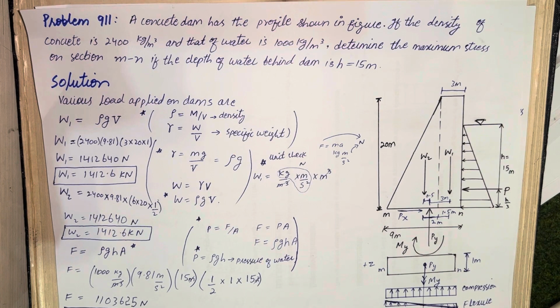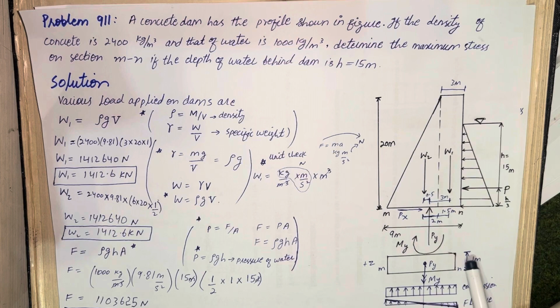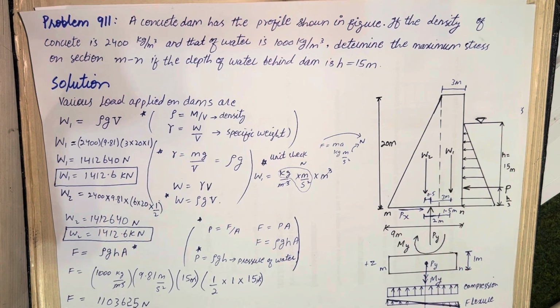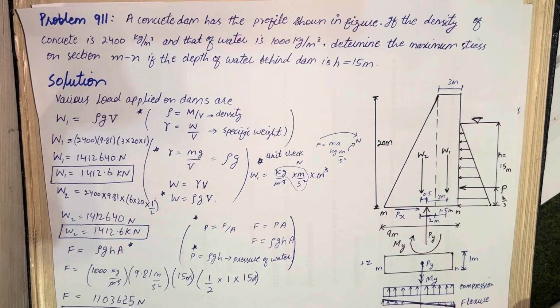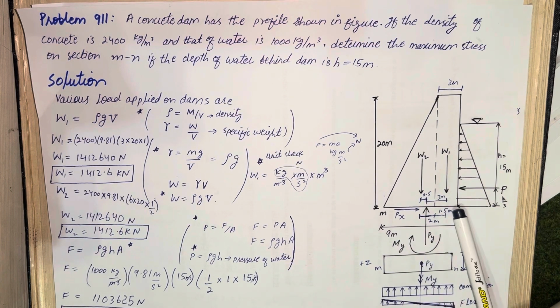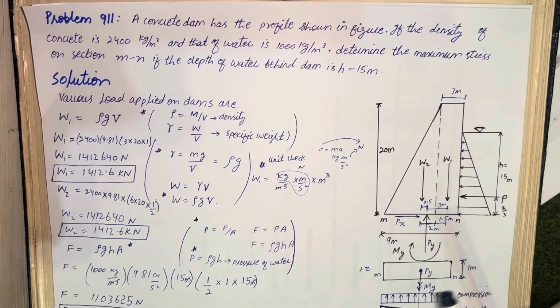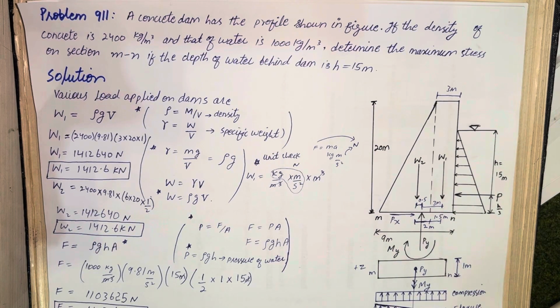Dam is a very long structure, so we are just studying 1 meter length area in order to find the value of the stresses that are occurring at the toe, M, and heel of the N part.